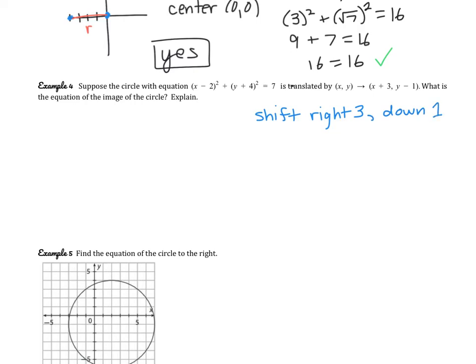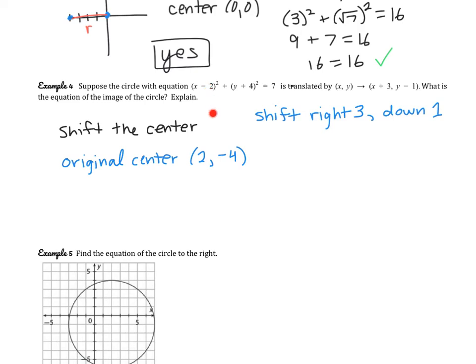You can see we're not changing the size of the circle, so the radius is not going to change. We're essentially changing the position of our circle, so our goal should be to shift the center. From our original equation, we can see that our original center is at (2, -4).